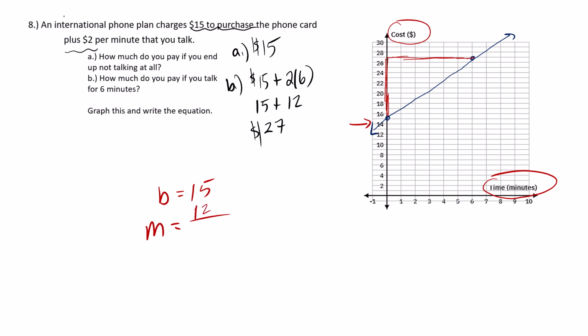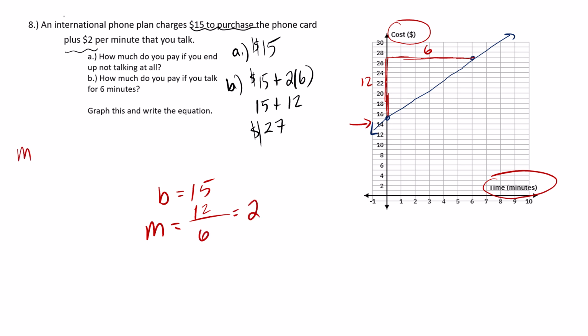Or you might say it's easier to do 27 minus 15. That would also work. And then your run is going over 6. And so 12 divided by 6 is 2.